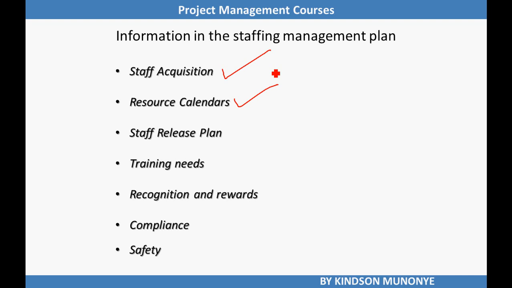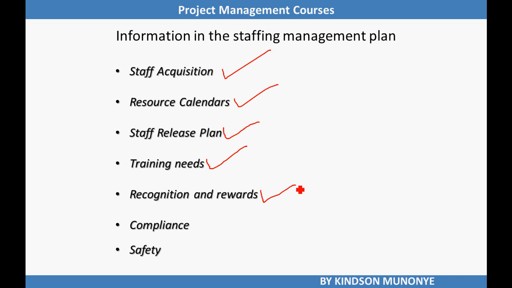And we also have the training needs of staff. If it is expected that the team members to be assigned will not have the required competencies, a training can be developed, and the training needs are documented in the staffing management plan. We also have a recognition and reward system, which might be necessary to promote and encourage very high performance and competence.